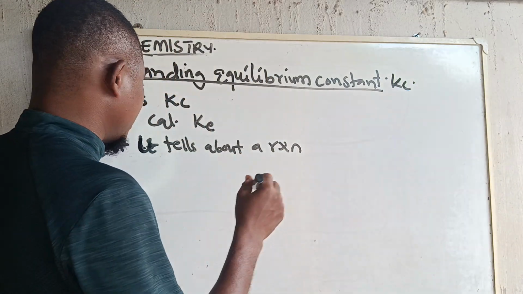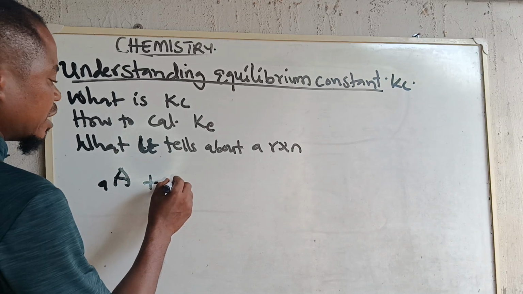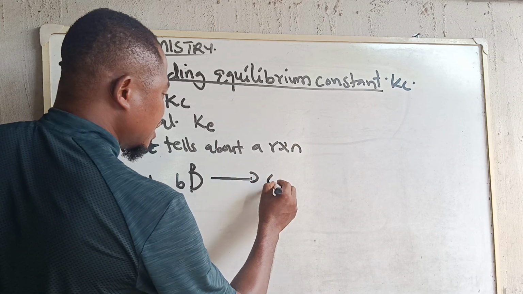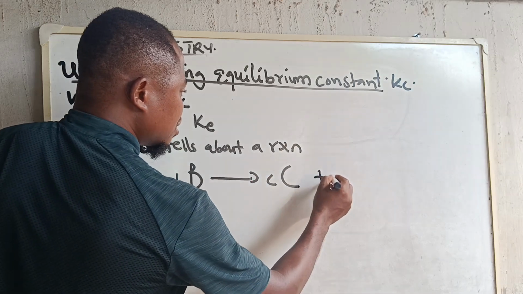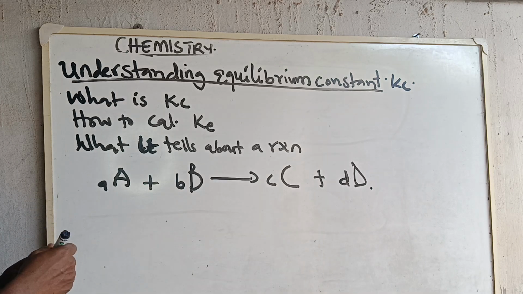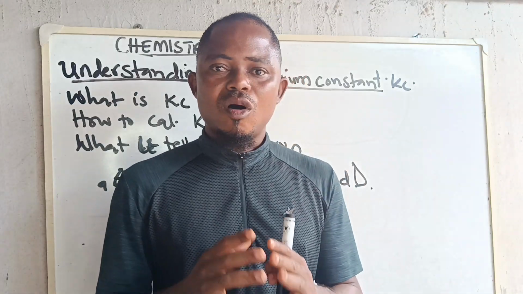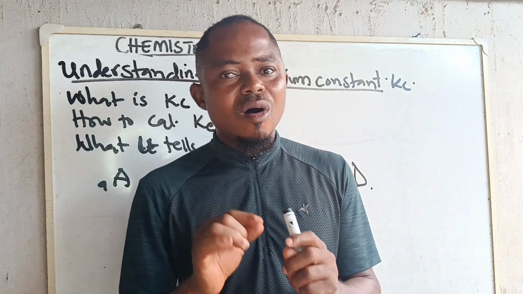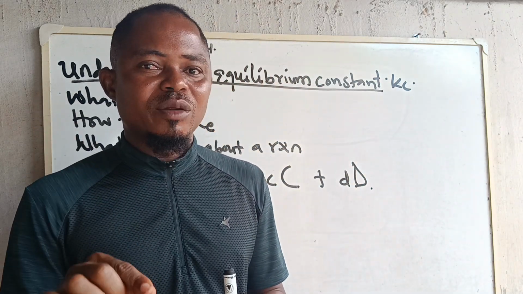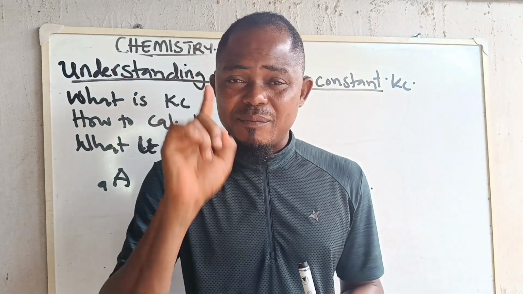If you are given a reaction, say coefficient a of reactant A reacting with coefficient b of reactant B to form coefficient c of product C plus coefficient d of product D. Equilibrium constant is simply the ratio of the concentration of the product to the reactant in equilibrium raised to the power of their coefficient in a balanced equation.